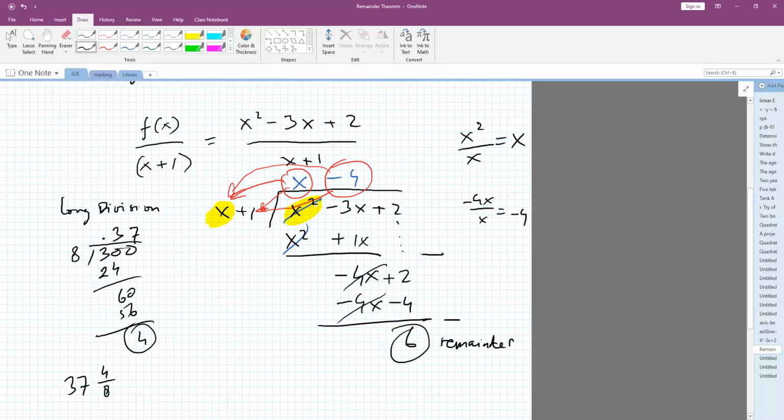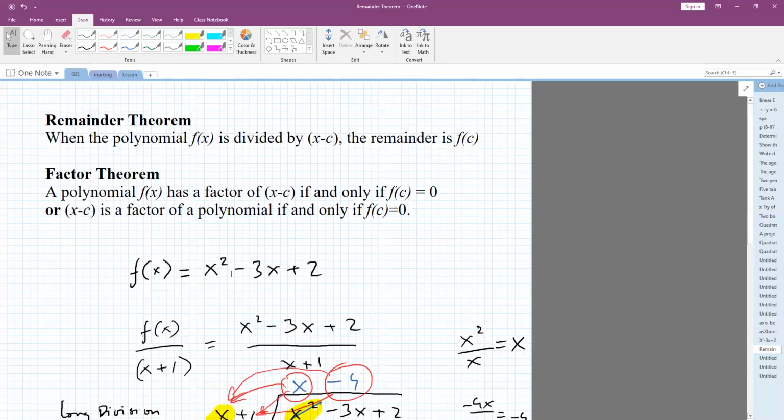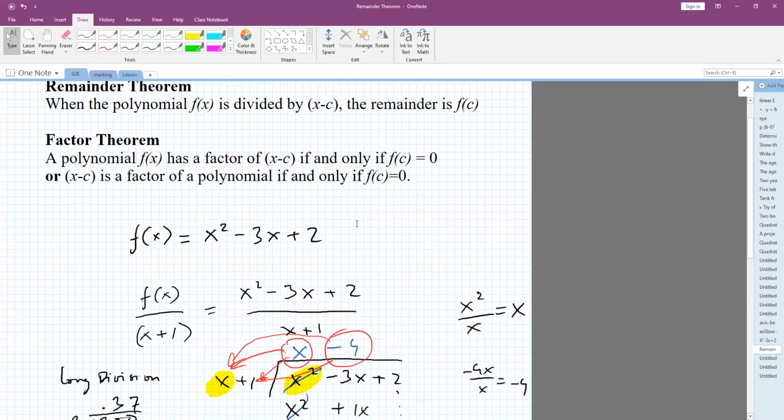And now to get the remainder, basically you can do a long division like this, but you see, if you look again at the remainder theorem, when this polynomial is divided by x minus c, yeah, the remainder is f of c. So in this case, you need to know what this c is here.